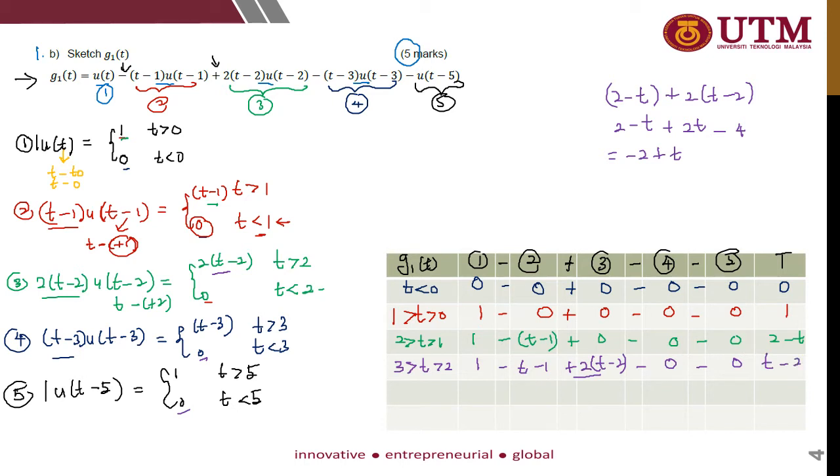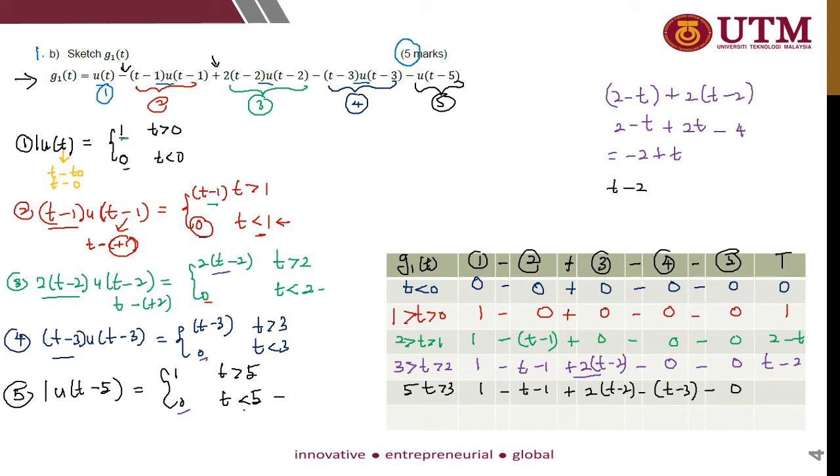Let's move on to the next range. It's t now larger than 3, but less than the next range, which is 5. So 1 minus (t minus 1) plus (2t minus 2) minus the fourth component, which when t is larger than 3 is t minus 3, minus the fifth component, which when t is less than 5 is always 0. So sum them up. It's basically t minus 2.